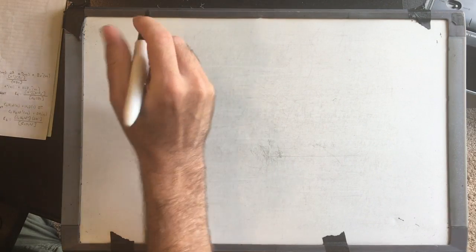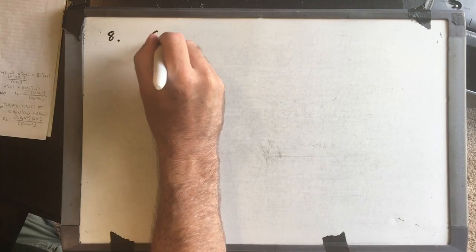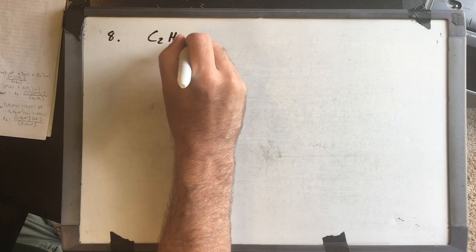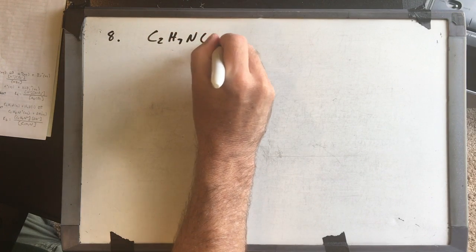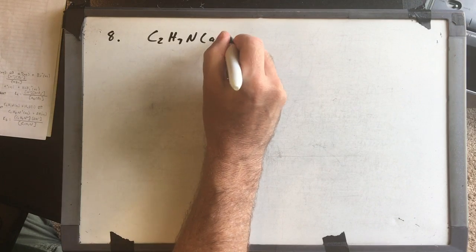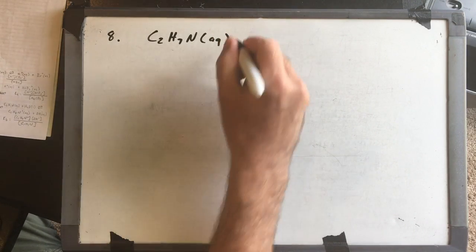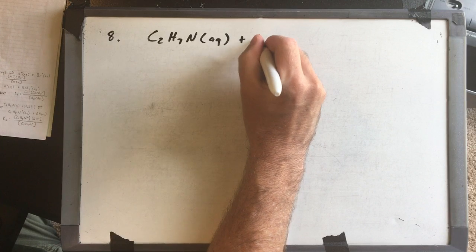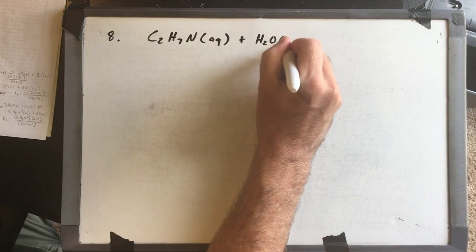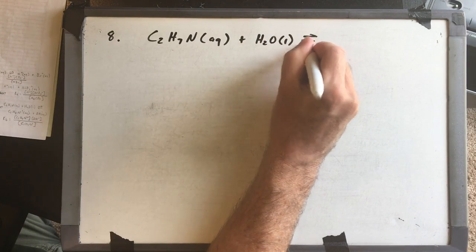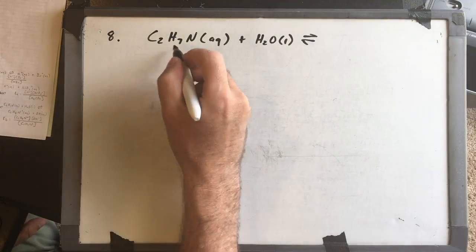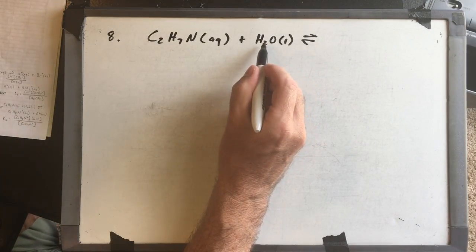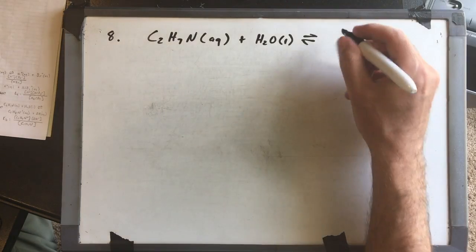All right, number 8 says the base ionization constant for C2H7N. Okay, this is a covalent base. It's not a hydroxide base. So with a covalent base, you add, as a reactant, liquid water. So a base gains a proton, so it's going to nab one of the hydrogens off the H2O.